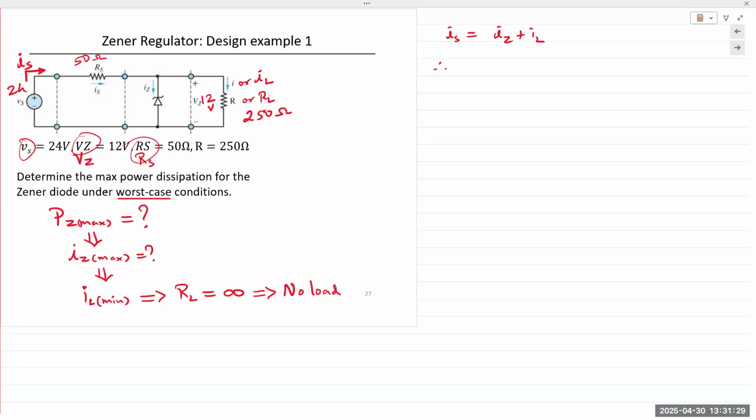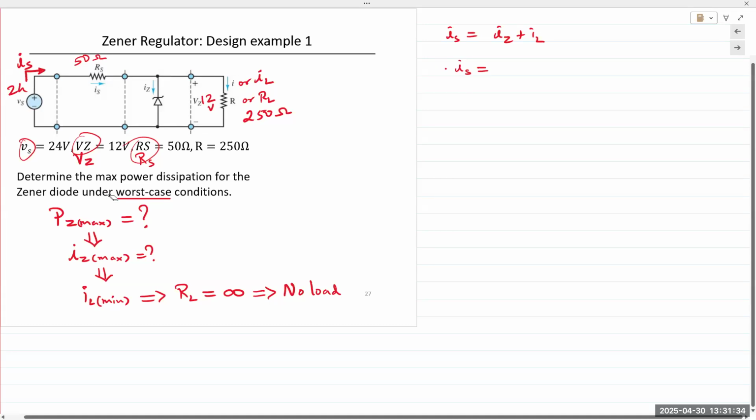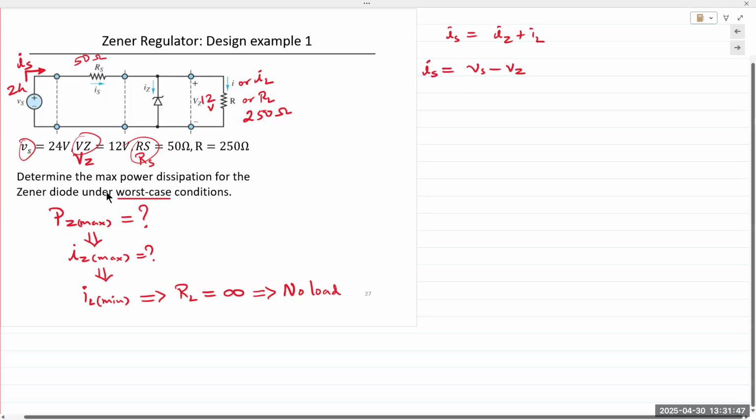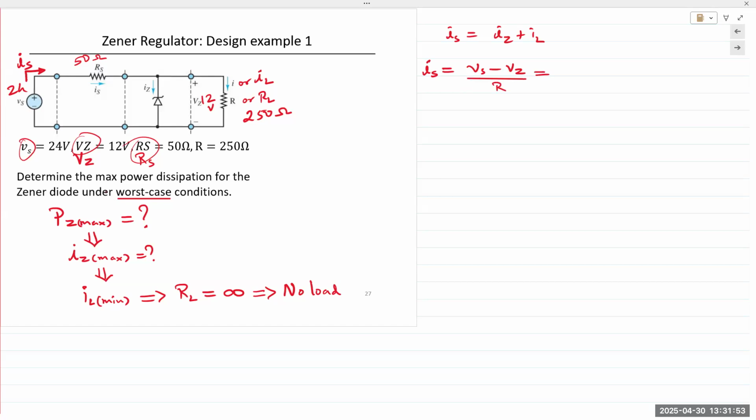IS is VS minus VZ over RS. VS is 24 volts, VZ is 12, and RS is 50.